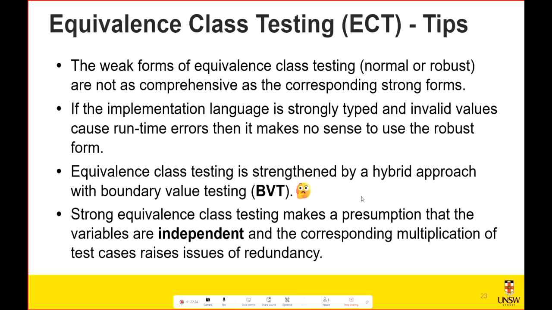And the last one here is strong equivalence class testing, where we can do permutations of different equivalence classes. It still makes the assumption that the variables are truly independent of each other, which is similar to boundary value testing where we have more than one variable.